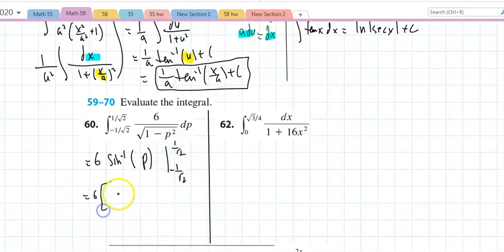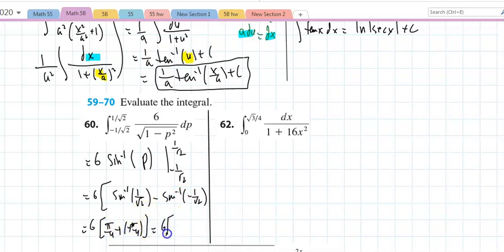That is 6 times the inverse sine of 1 over radical 2 minus the inverse sine of negative 1 over radical 2. And that turns out to be 6 times pi over 4 minus a negative pi over 4. So that's plus. That turns out to be 6 times pi over 4 plus pi over 4 is 2 pi over 4, which is pi over 2. And that turns out to be a 3 pi.